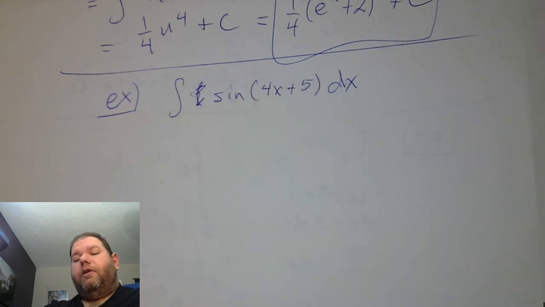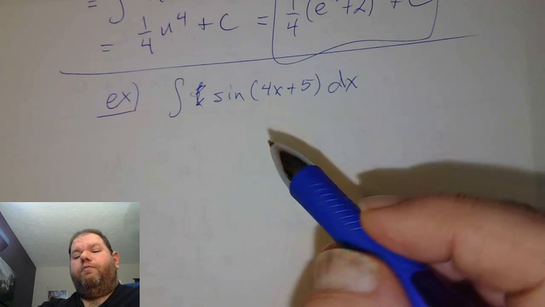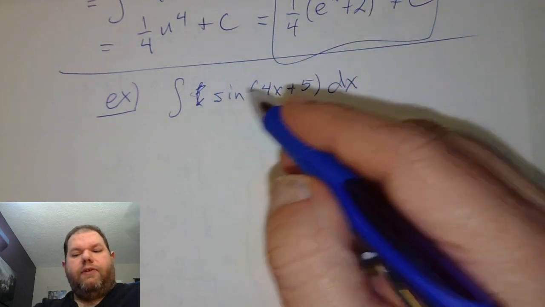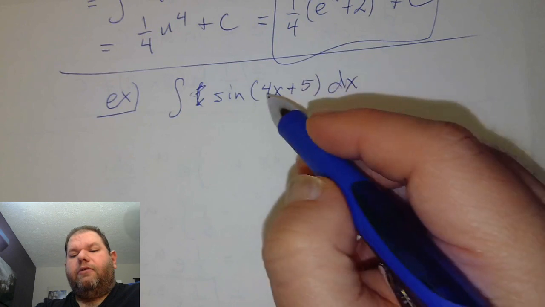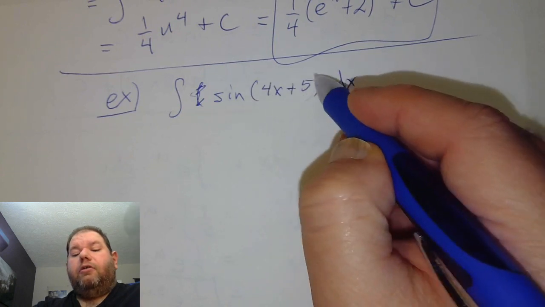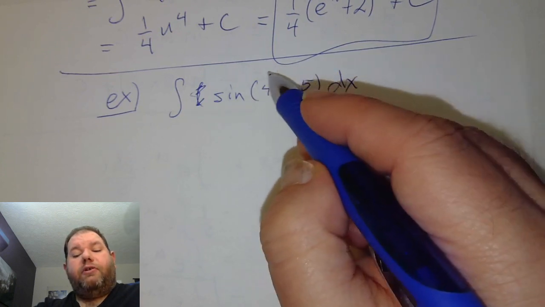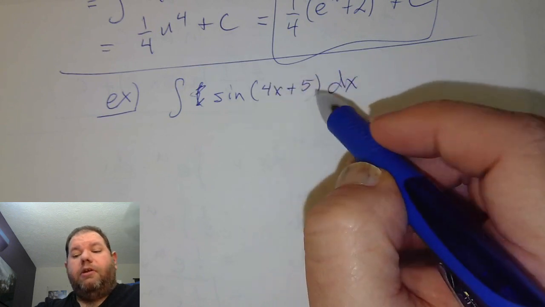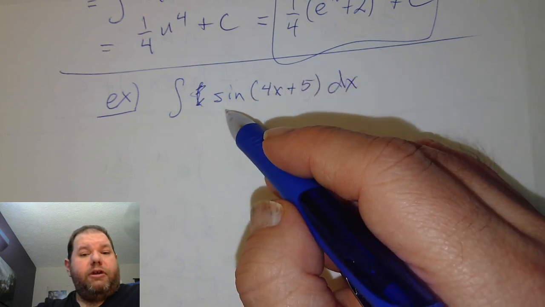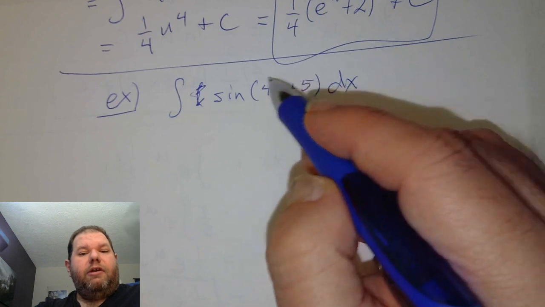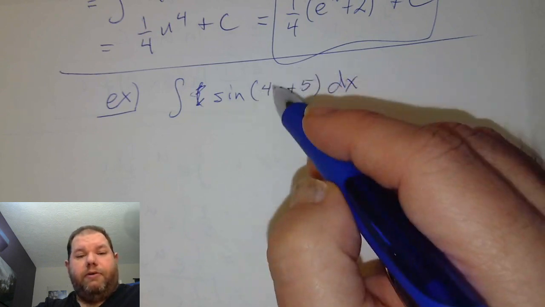Now, we look at this and, okay, we know the integral of sine x is negative cosine x. So let's take whatever's in here, which is what's considered unusual in this problem. We have our sine function. We know how to deal with that. If it only had an x or u inside, we'd be good.